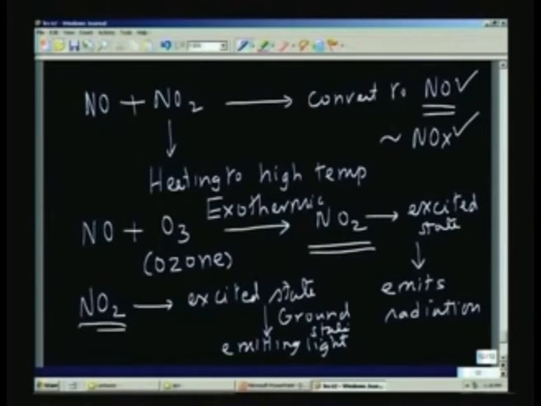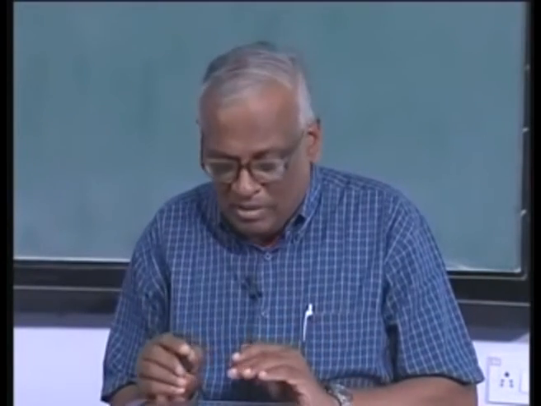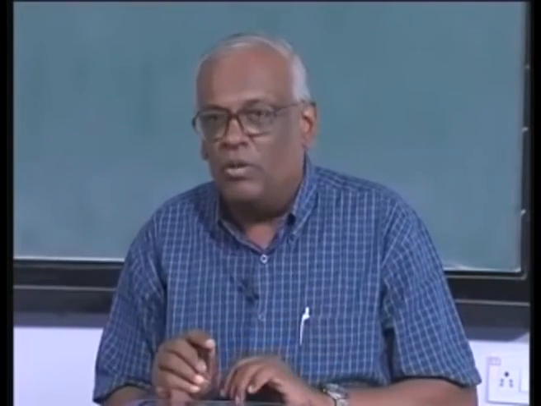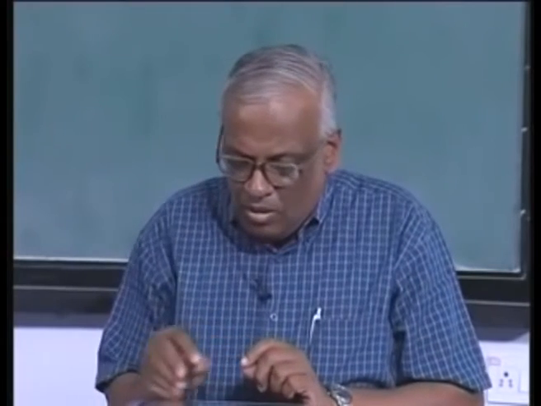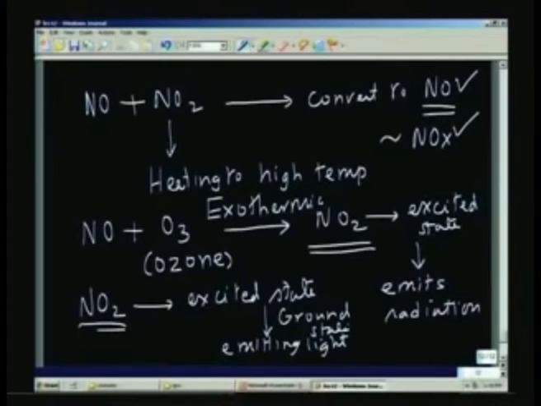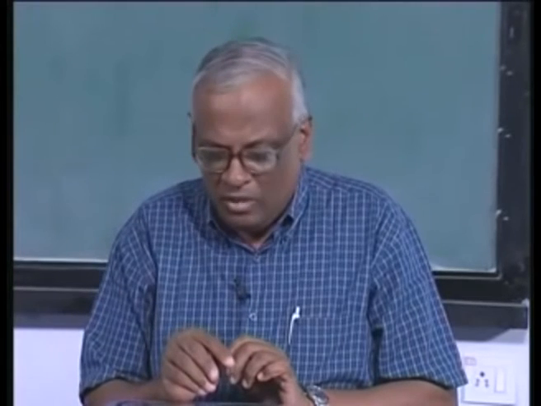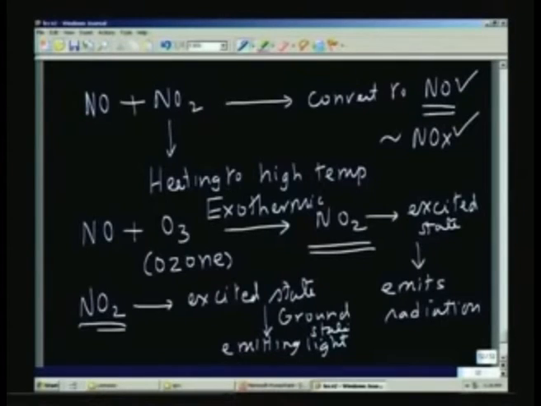For example, I can measure NO2 directly from here separately by some other method, may not be the chemiluminescence method, so that I can measure NO and NO2 separately, or you can use the separation methods, like what we are going to talk about a little later.